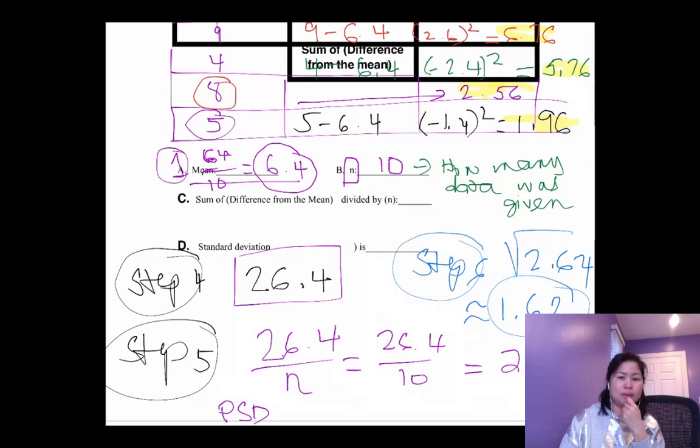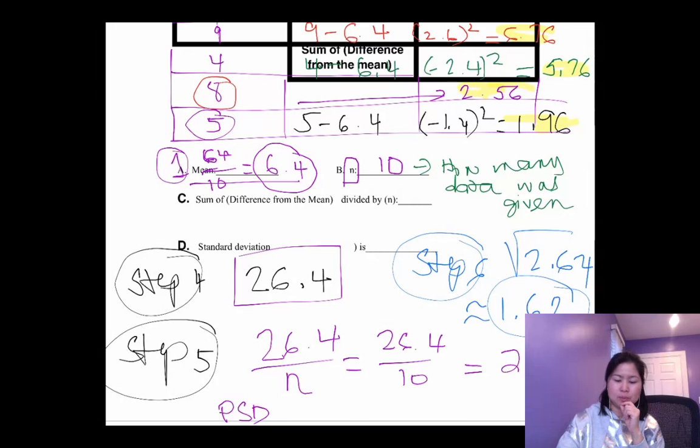You have to pay attention to the question. Is this a sample standard deviation or population standard deviation? Those are the two things, okay? But I'm going to tell you right now, for the test, the summative, I'm going to ask you to find the population standard deviation so you don't have to subtract 1.